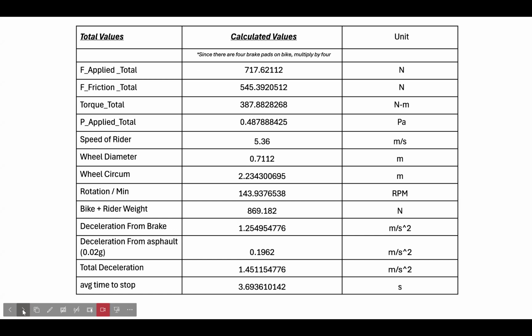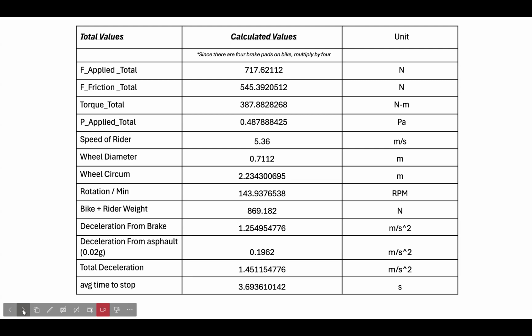So we multiply all the values by 4, and the total force applied throughout the bike came out to be 717.621 newtons, and then for friction 545, torque 387, and then for total pressure 0.4878 pascals.